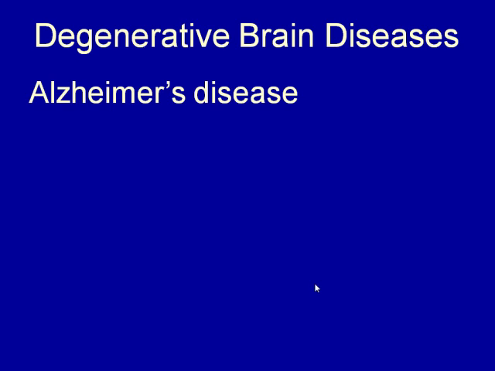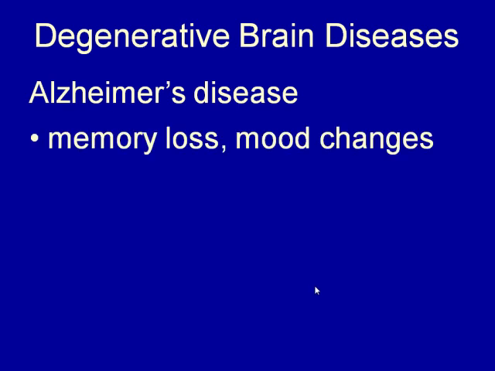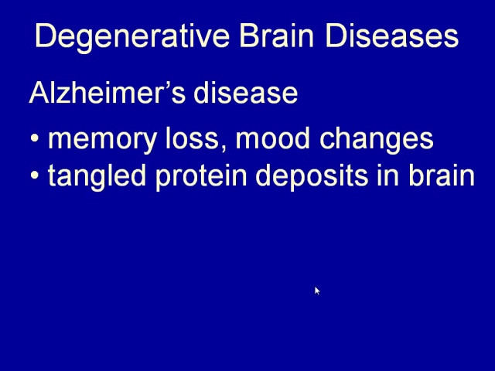Another degenerative brain disease is Alzheimer's disease. Now, this is a disease where there's memory loss, and there's also mood changes. People who have been very sweet suddenly may become combative. When they look at the brains on autopsy, they see these tangled protein deposits in the brain called neurofibrillary tangles.